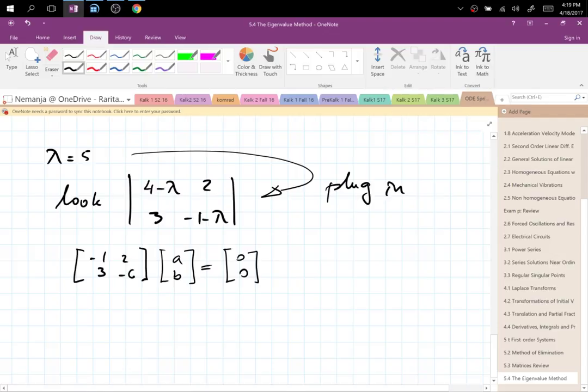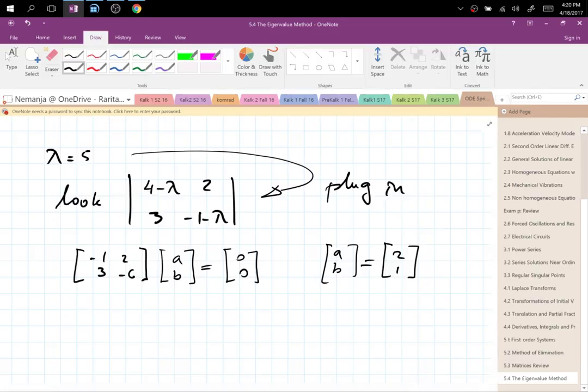So now if you want to, you can solve it as a system. You can solve it any way you want. Some of you might even guess that A is equal to 2 and B is equal to 1 just by looking at this. I don't know if you can do it just by looking at it, but the goal is to figure out what A and B need to be in order for this to hold.